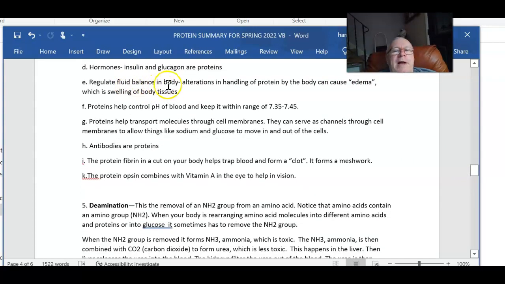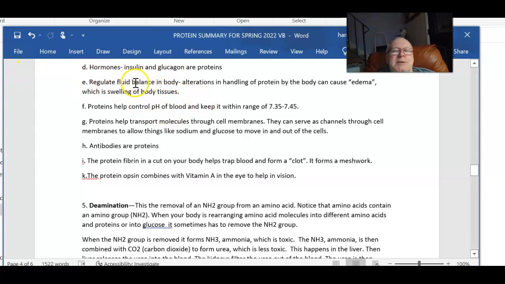They regulate fluid balance in the body. Alterations in handling of protein by the body can cause edema. If your body doesn't quite handle the proteins the way it's supposed to, it can change the fluid balance in your body, and you can get swelling of body tissues. And this swelling of body tissues is called edema.